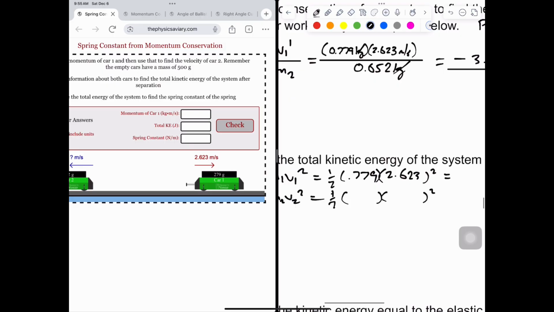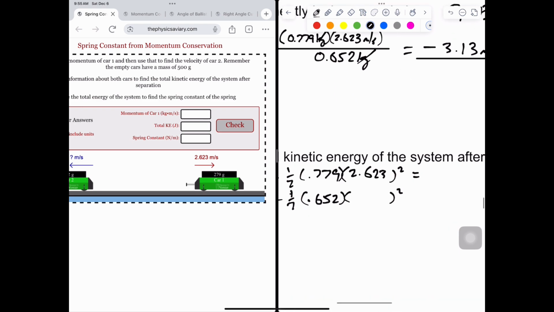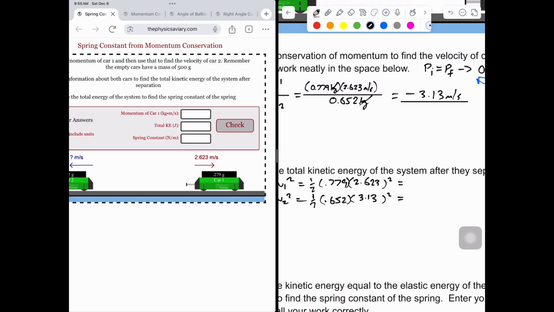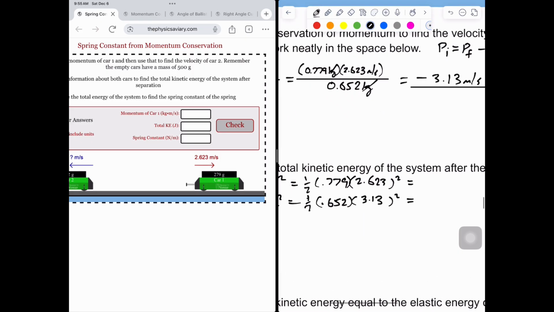And then the second one was 0.652, and its velocity. Now, its velocity was negative, but realize you're squaring the velocity. So for the purposes of this calculation, you don't have to put in the negative. Just put in the speed, 0.313 meters per second. Okay, please take a moment to find the kinetic energies of each one afterwards.